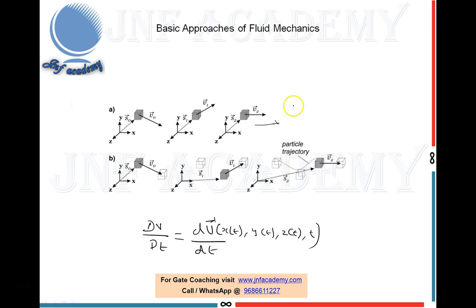So your dv by dt, or change in velocity. Well, let's start with change in velocity. dv is equal to a function of, since v is a function of x comma y comma z comma t. How will you write this?